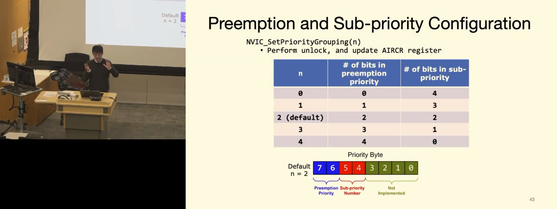You can determine your own configuration within these 4 bits. You can set 0 bits to be the preemption priority, and then all 4 bits go to the sub priority. It just depends on your own configuration. So in total, you could have 16 levels of priority. Any questions on this so far?